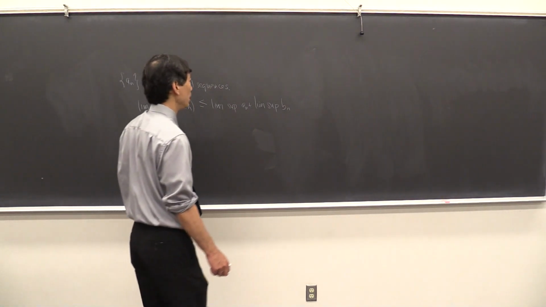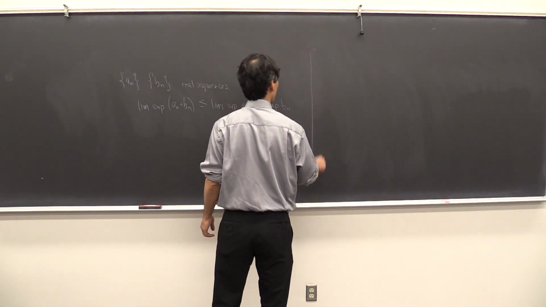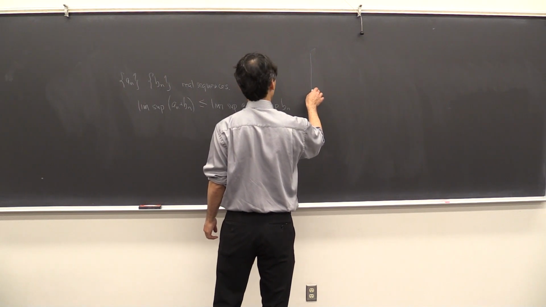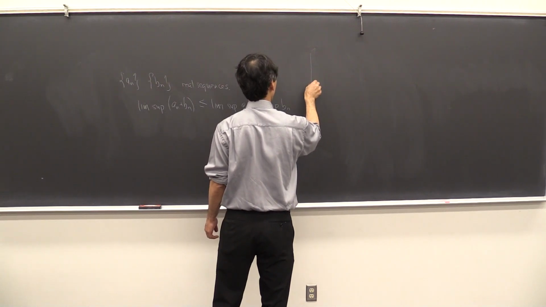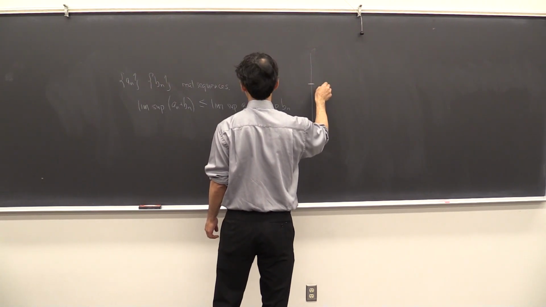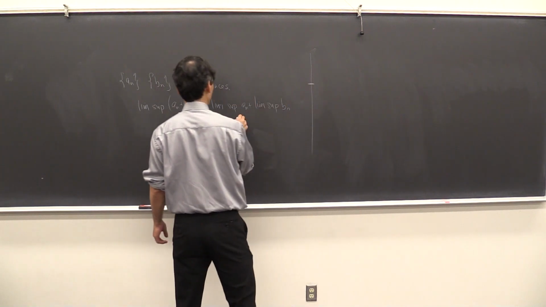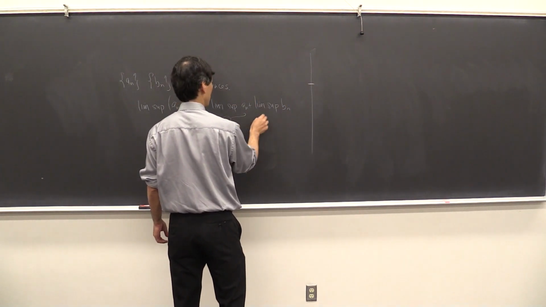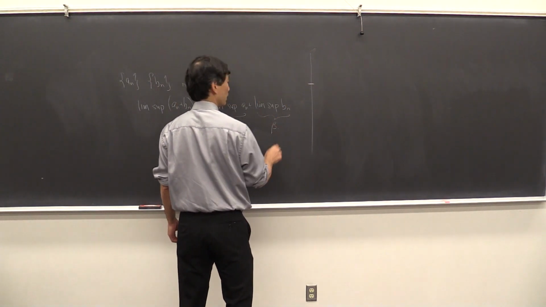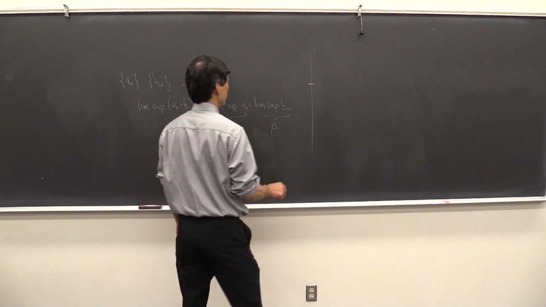So I'm not sure. Let's think. Let's call the lim sup of the a's alpha, and let's call the lim sup of the b's beta.